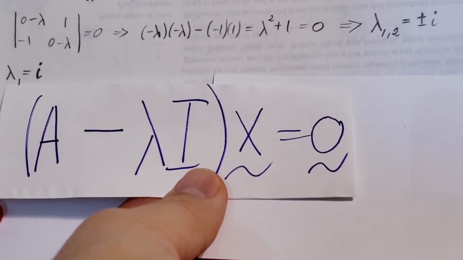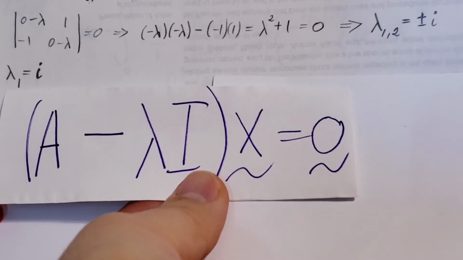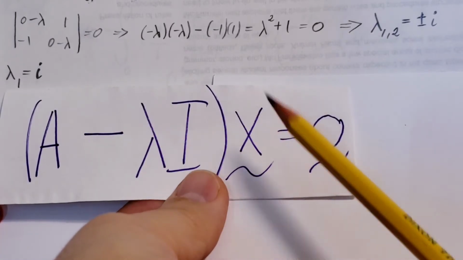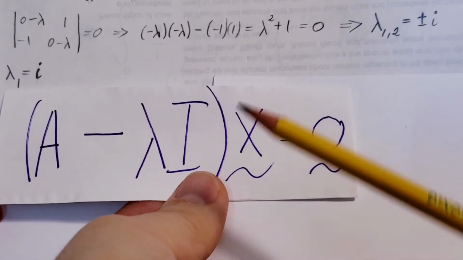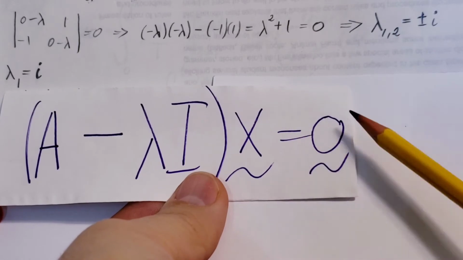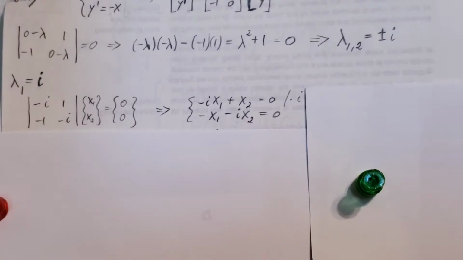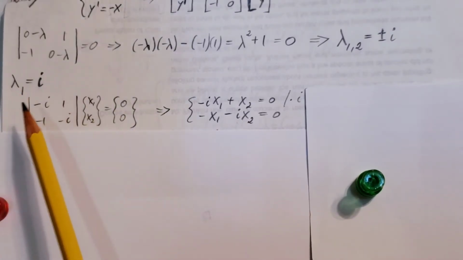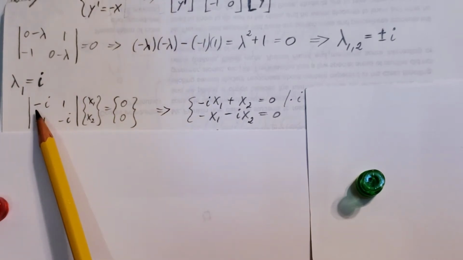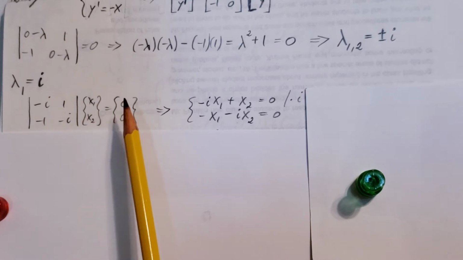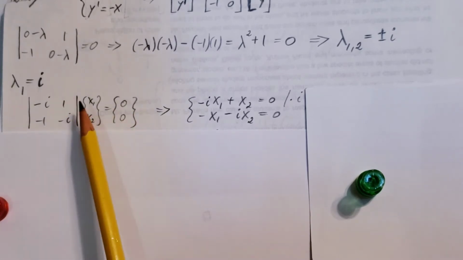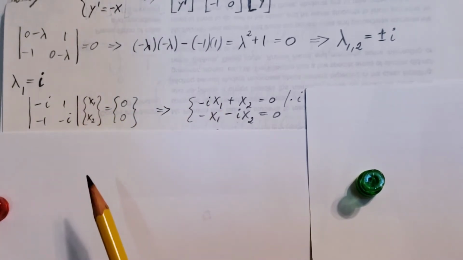Now we need to determine our eigenvectors. This is the formula that we're gonna be following. Matrix A minus lambda I times x vector equals the 0 vector. Here it is. My matrix subtracted lambda on diagonal times x1, x2, 0, 0. Turn this into equation form.